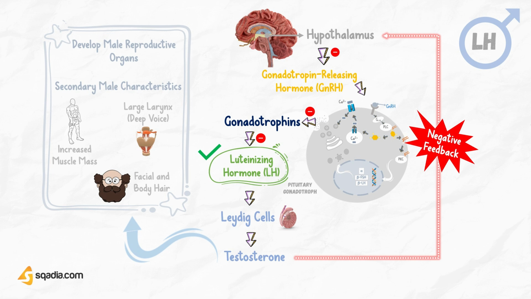And the ultimate result will be the inhibition of testosterone secretion from the testes. While on the flip side, when testosterone production is low, lack of inhibition of the hypothalamus leads to the secretion of testosterone through GnRH and luteinizing hormone. So, that's how luteinizing hormone acts on the male reproductive system.